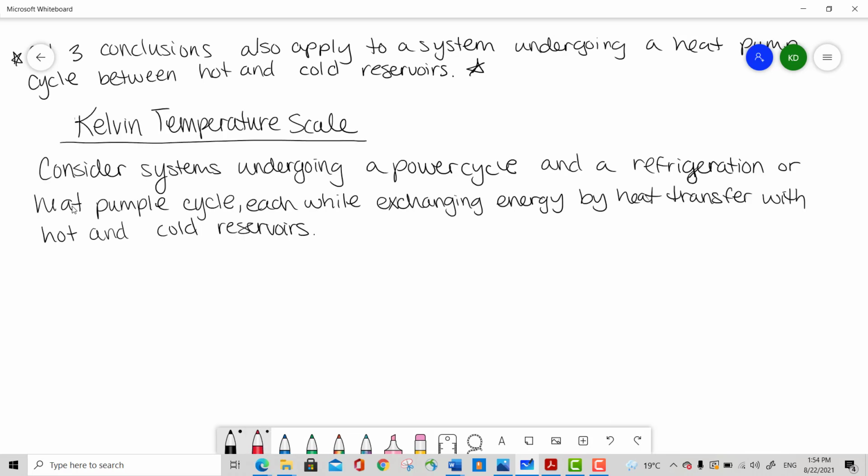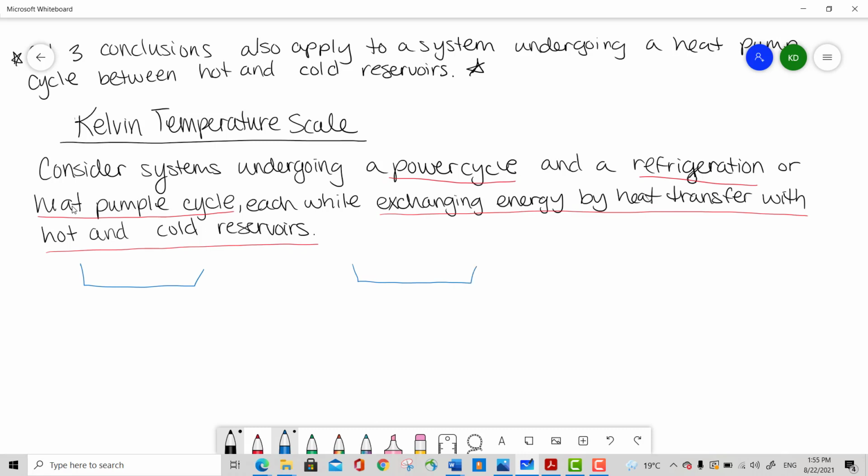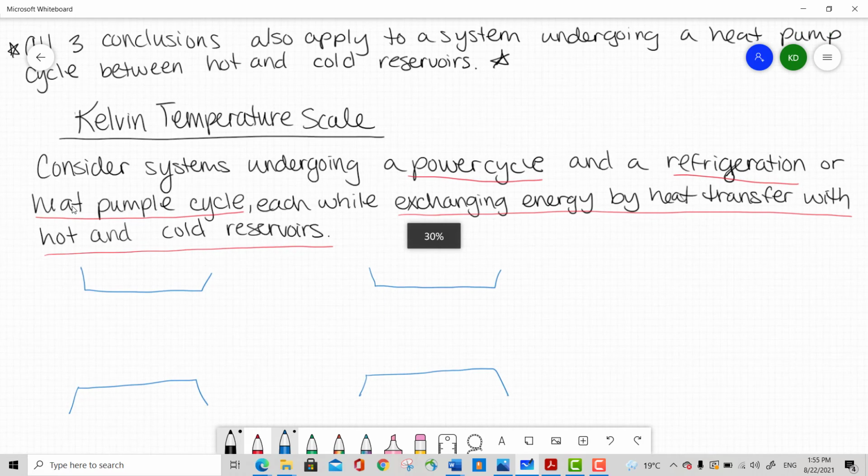Consider systems undergoing a power cycle and a refrigeration or heat pump cycle, each exchanging energy by heat transfer with hot and cold reservoirs. So that's wordy. Let's go ahead and just draw it out really quickly, and then I'll give you the formula, and then we will move on and talk further about it.